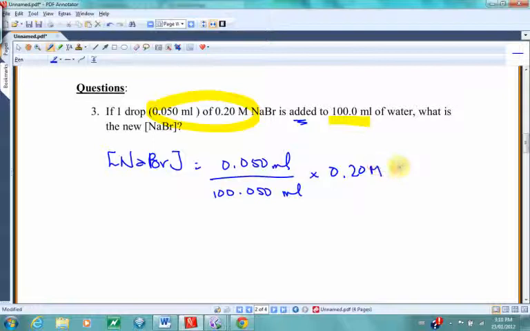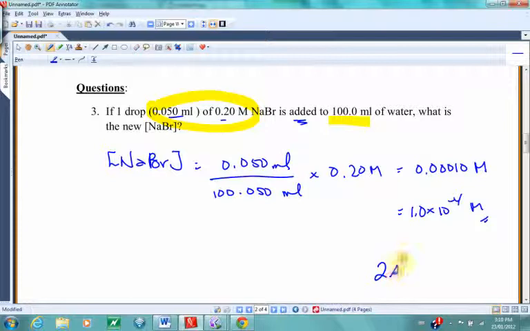And it's equal to 0.00010 molar, or 1.0 times 10 to the minus 4 molar. So once again, we have 2 significant figures. All right?